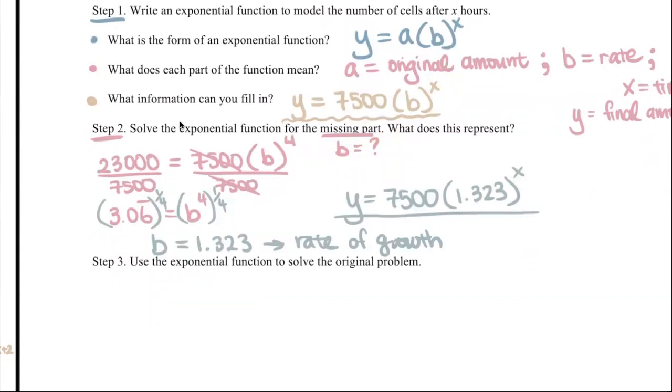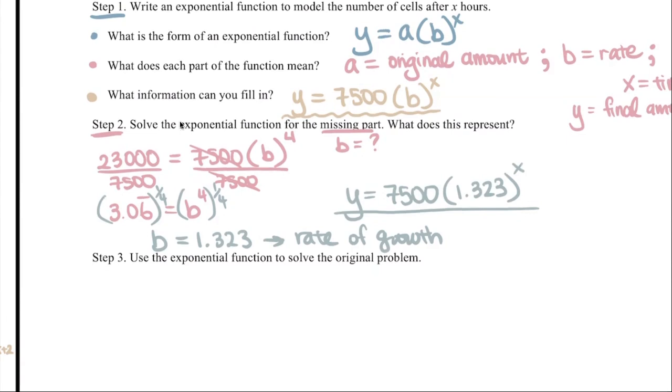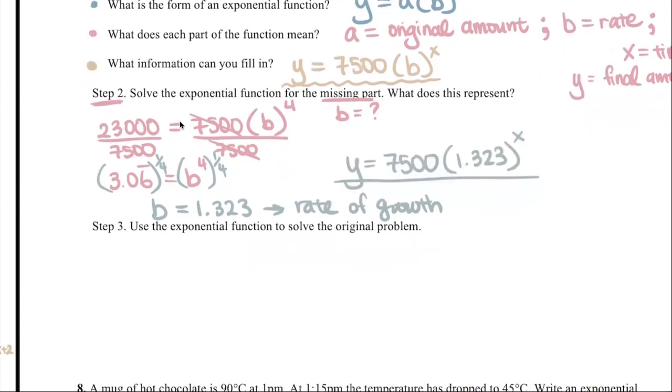Like, how do I know it's growth? There's different ways to know that. Oh, good. Yeah. That's what I was thinking. Yeah, B is more than 1. Good. So when B is more than 1, it's going to be increasing. When it's between 0 and 1, that means it's decay. So good.